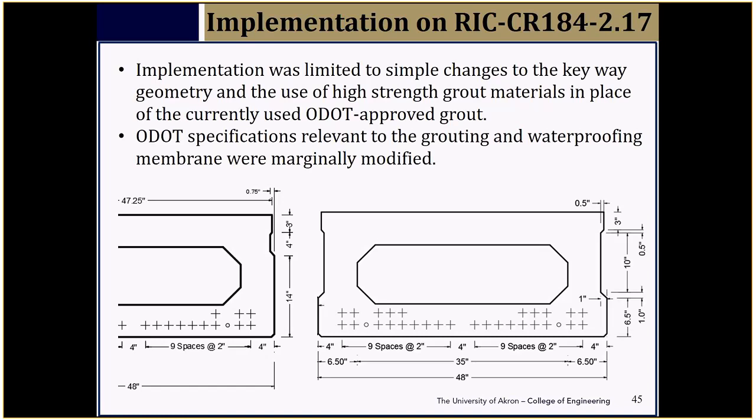Therefore, we are reducing the tensile stresses acting on the joint. Number three, we are using higher strength grout. We are asking for 10,000 psi grout, and until we get 10,000 psi strength, we don't want to allow anything on top of the bridge. So that's another part of it.